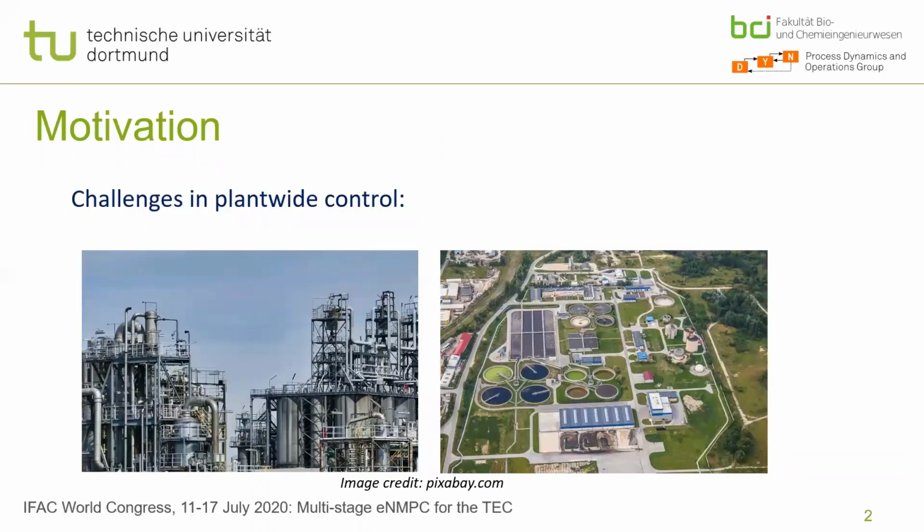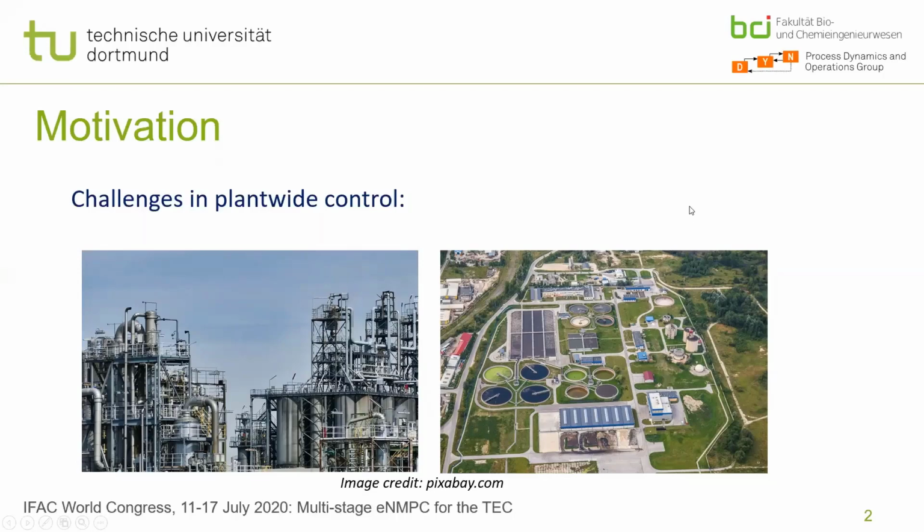When we think of a chemical plant, we think of a large-scale production process consisting of many interconnected units exchanging mass and energy with each other. We think of something like a refinery, like the one depicted in the picture on the left, or maybe a wastewater treatment plant, which is depicted here on the right.